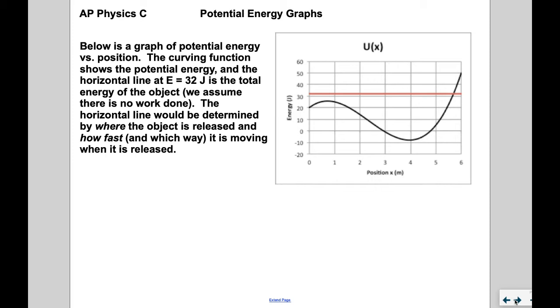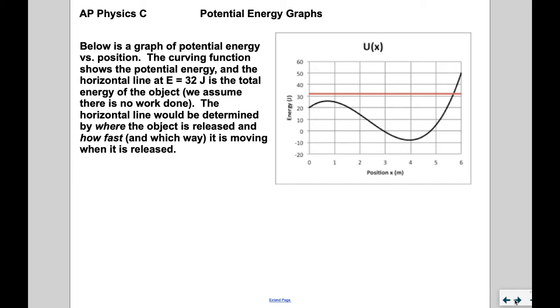The curving function that we see here is the potential energy based on the environment, based on the surroundings. The horizontal red line at 32 joules is the total energy of the object in the system. We can assume for the purposes of these graphs that there's no work done on the system from outside.